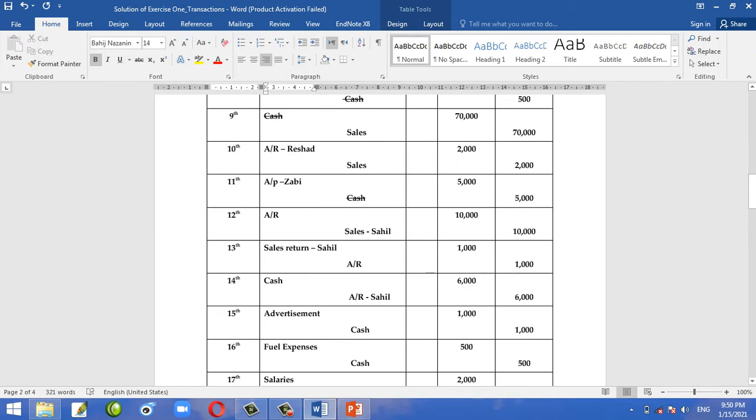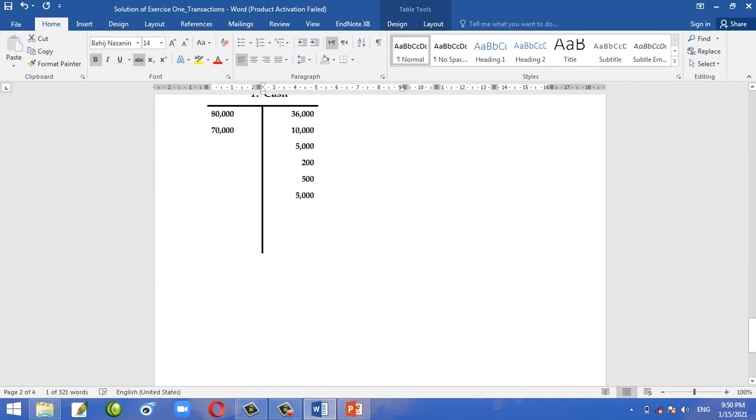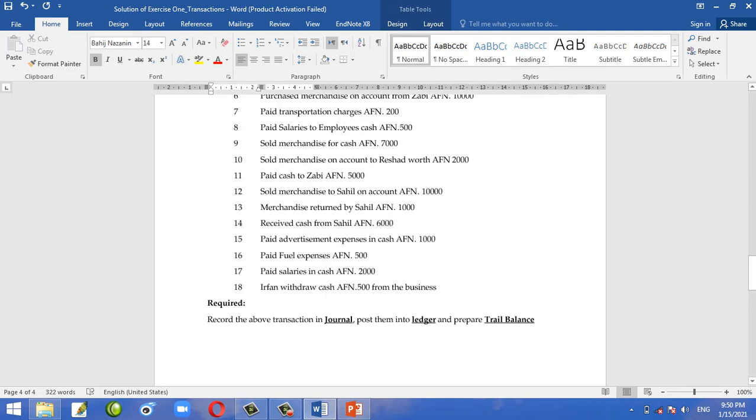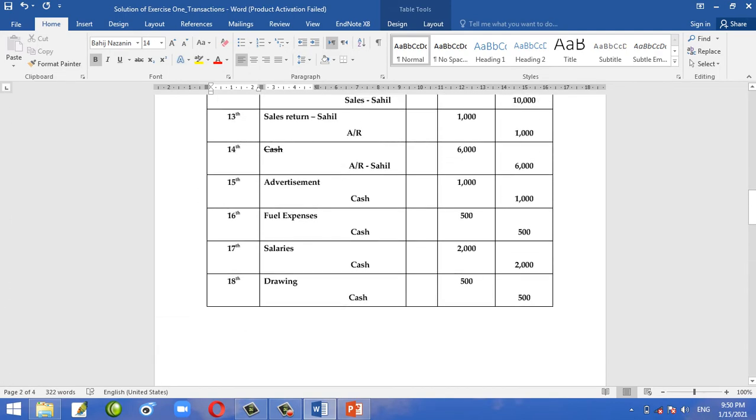Now come to the 12th one. Do you have? No, we don't have cash in 12th one. In 13th we don't have. In 14th we have cash as debit side. How much? Worth of 6,000 Afghanis. We have to record 6,000 Afghanis as a debit.